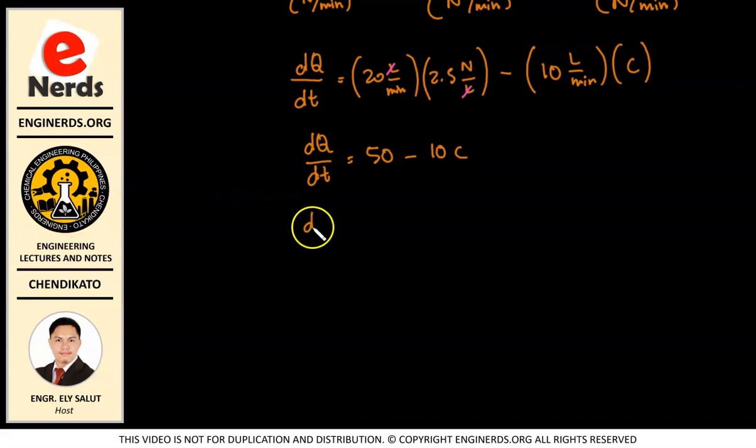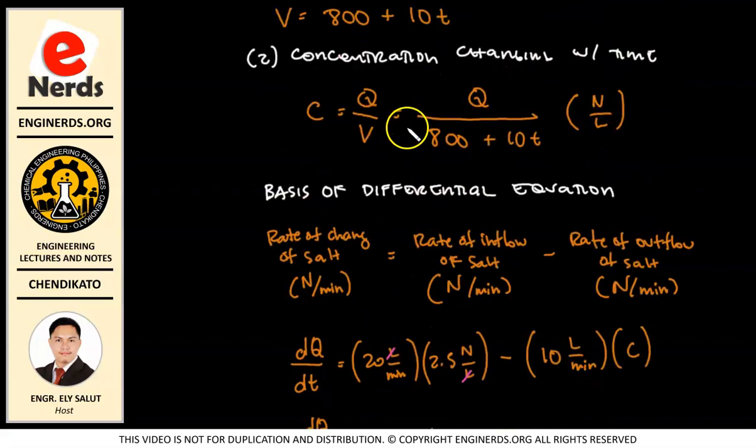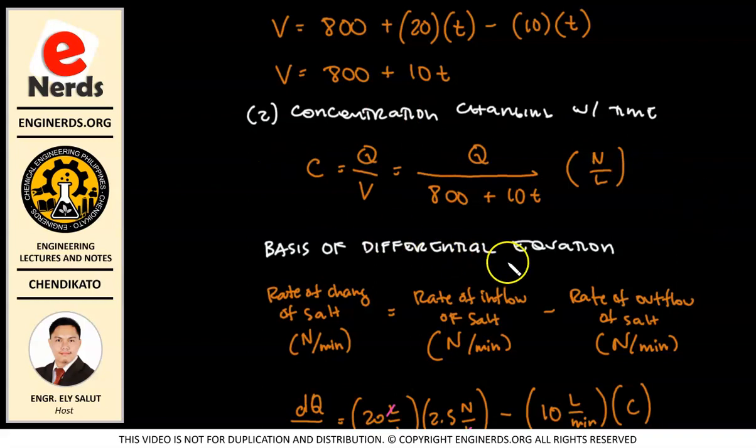So we have dQ over dt is equal to 50 minus 10 times our C, and our C is Q over 800 plus 10t. Okay? So saan nanggaling tong Q over 800 plus 10t? Ito yung ating C na nandito, no? Sinubstitute natin from here. Okay?